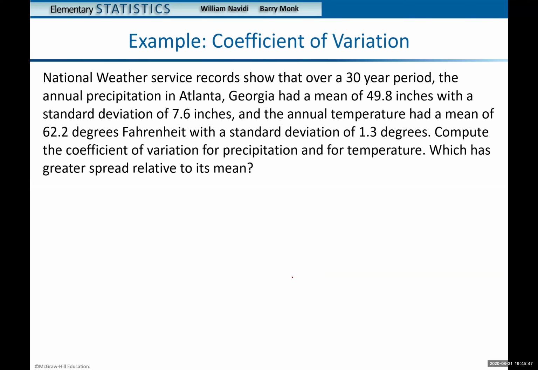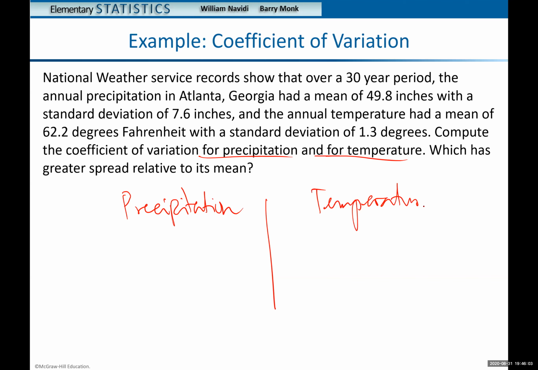Compute the CV, or the coefficient of variation, for precipitation and for temperature, and answer the question: which has the greater spread relative to its mean?